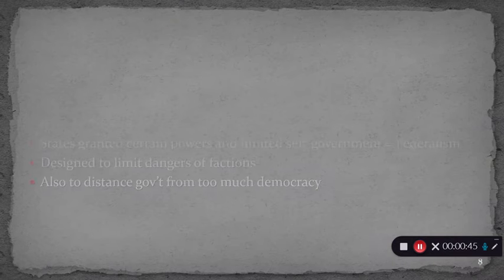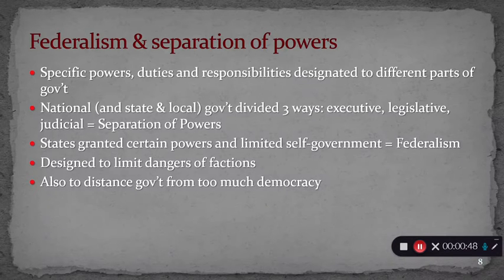1787 in Philadelphia. And so we talked a little bit about this idea that the delegates were hoping to separate the government, at least to a certain degree, separate the government away from the average person.